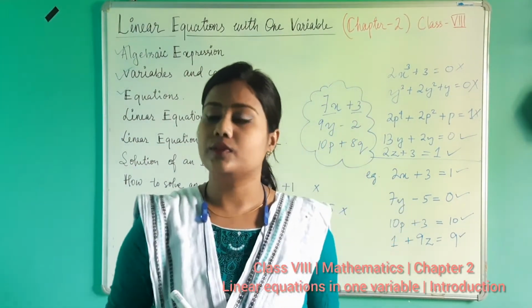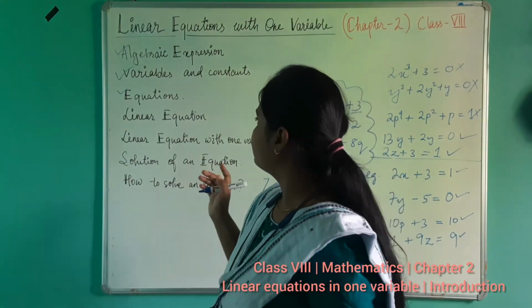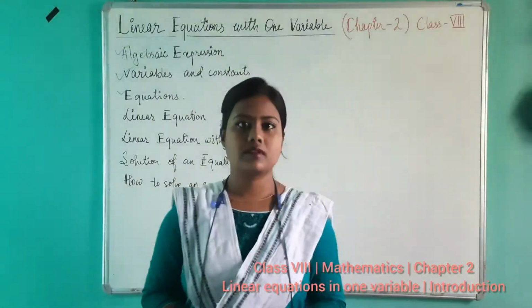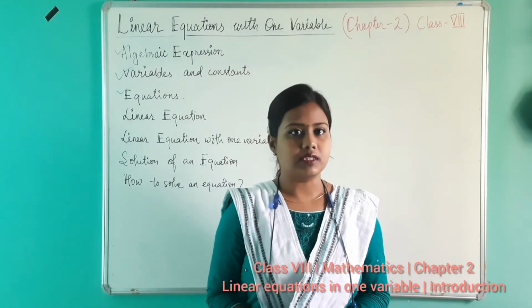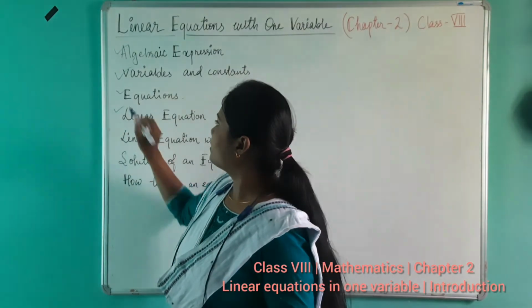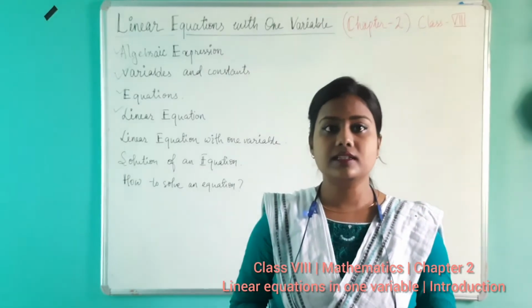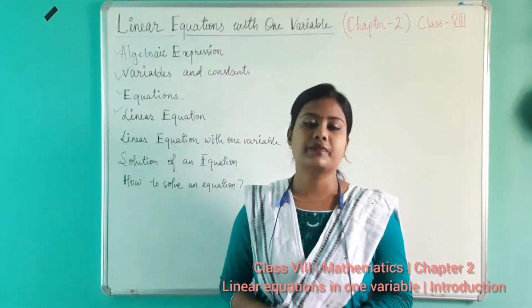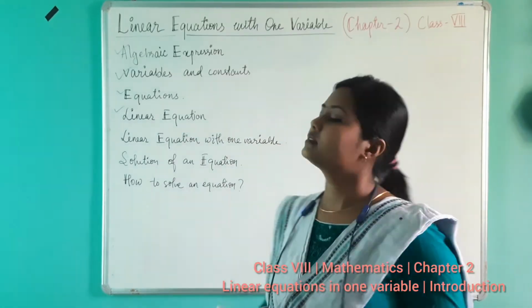Now let us move towards linear equation with one variable. This was all about linear equation. Now let us discuss linear equation with one variable. Let me write some of the examples.